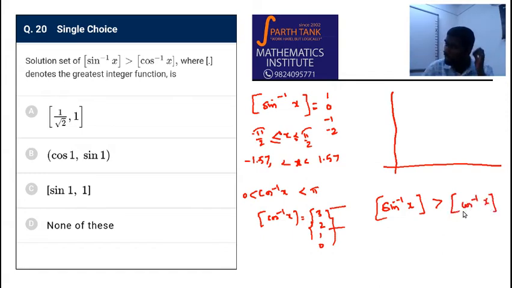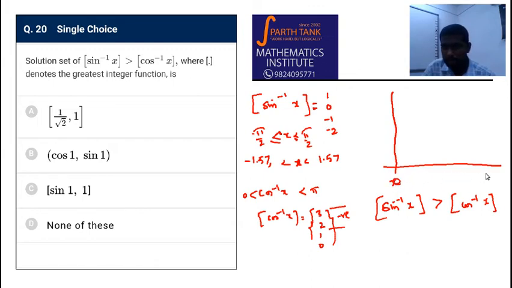Now if x is negative, cos inverse will be in the second quadrant, and sine inverse will be in the fourth quadrant, that is the negative value of x. So this will be smaller than this always. So x has to be positive. So you will look at values of x in the positive region.